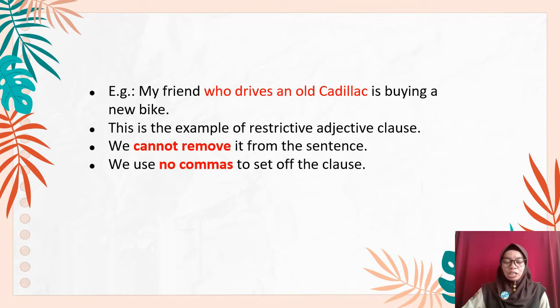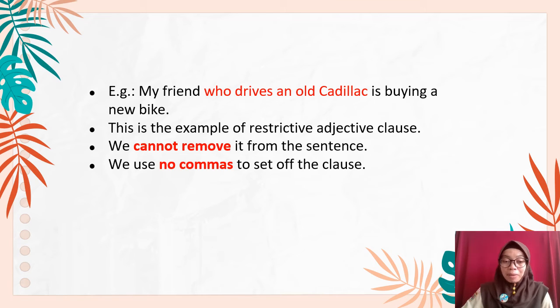In this sentence, who drives an old Cadillac is the adjective clause modifying the noun my friend. And here we use no commas to set off the clause. The reason is the clause is central, defining my friend.